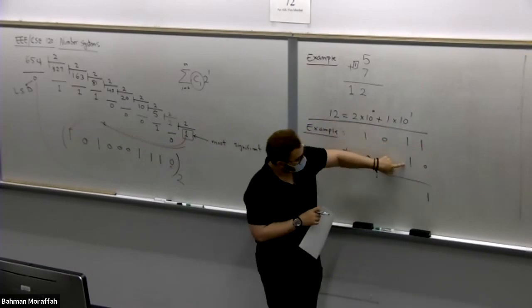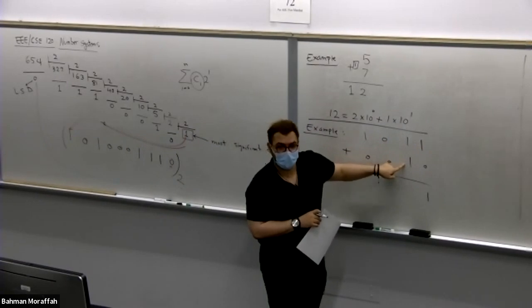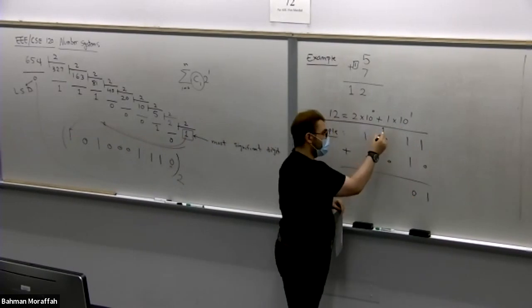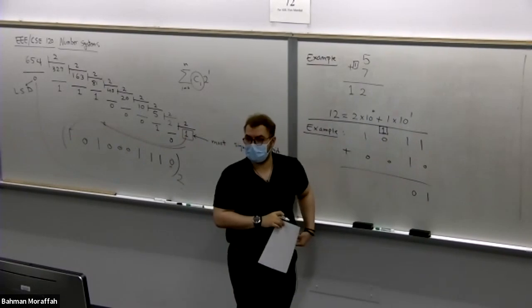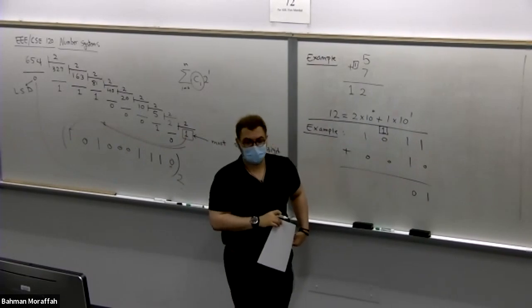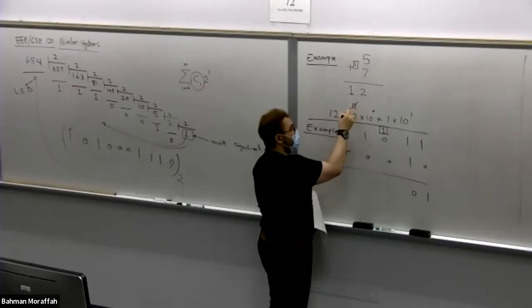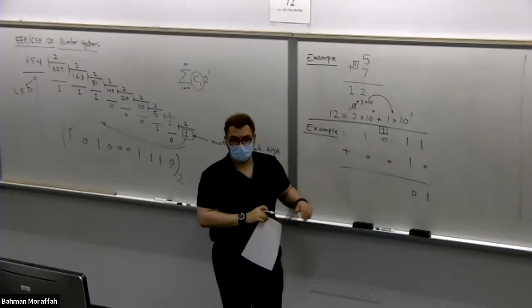I have 1 plus 1. It's a 2. Can I have a 2? No. What can I have? I can put a 0 here, and then carry 1 over here. Right? Does that make sense? Again, remember, if this one was 12, I needed to make this 2 plus 10, and then we carry this one. Right?